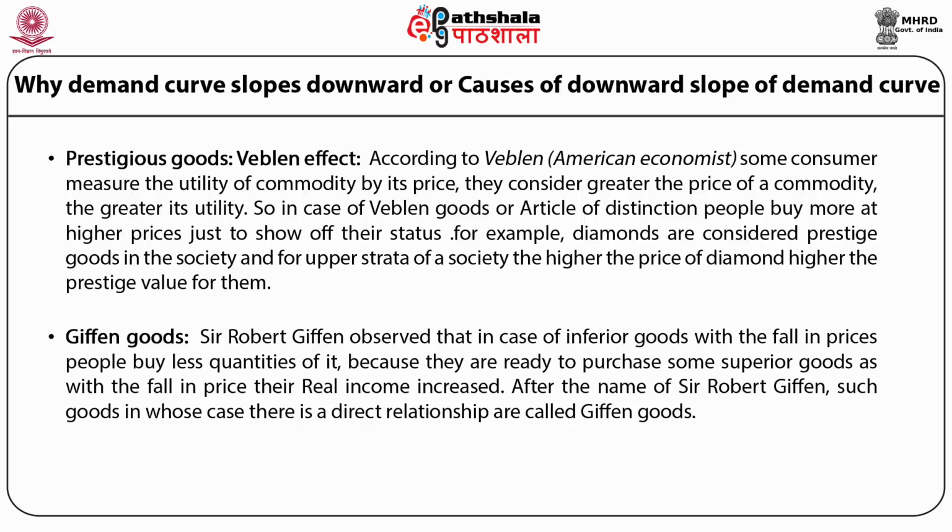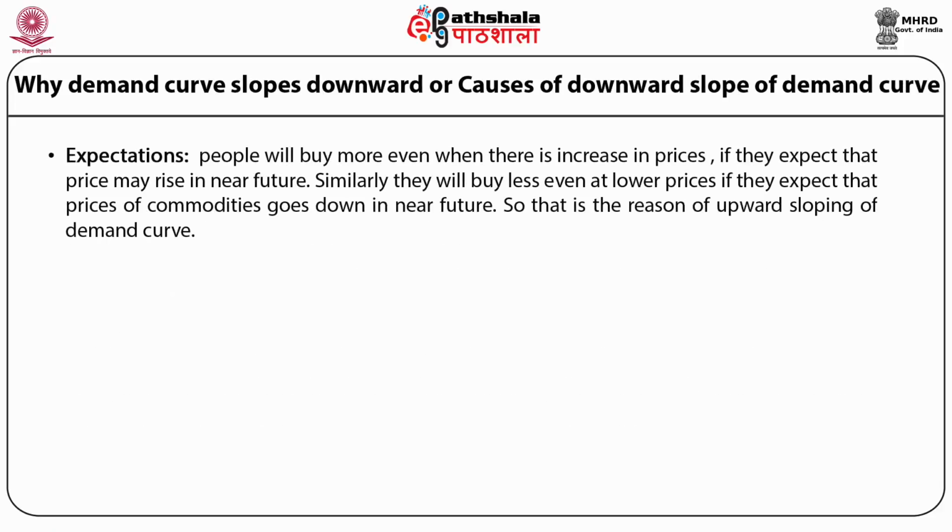Expectations. People will buy more even when there is an increase in prices if they expect that prices may rise in the near future. Similarly, they will buy less even at lower prices if they expect that prices of commodities will go down in the near future.